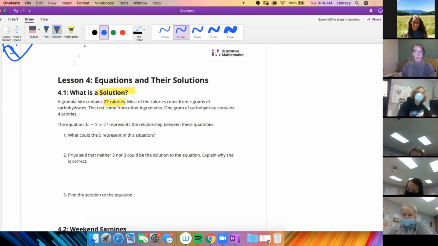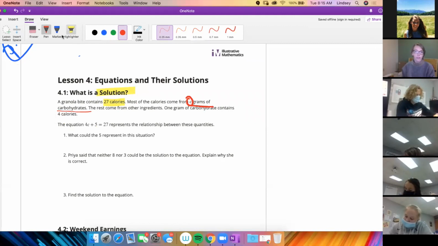Most of the calories come from C, which C stands for grams of carbohydrates. The rest come from other ingredients. Right here when it says the rest, what is it talking about?